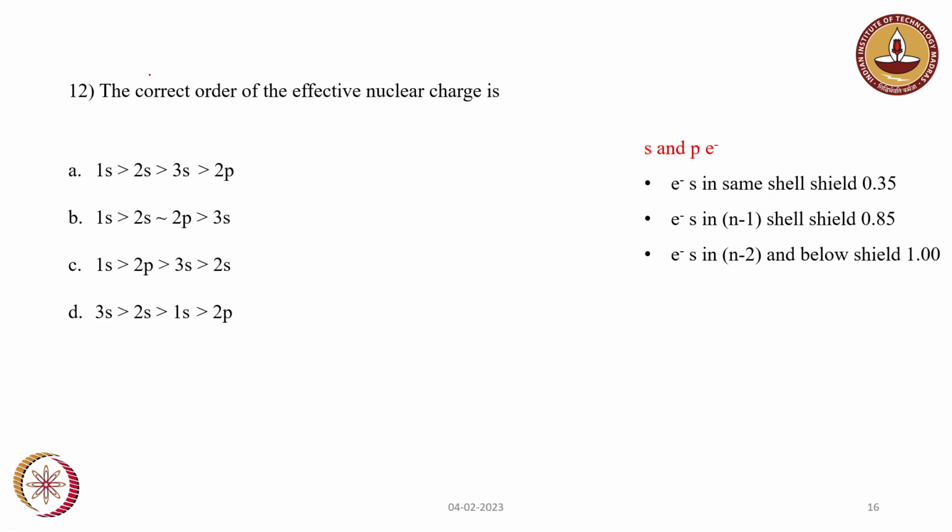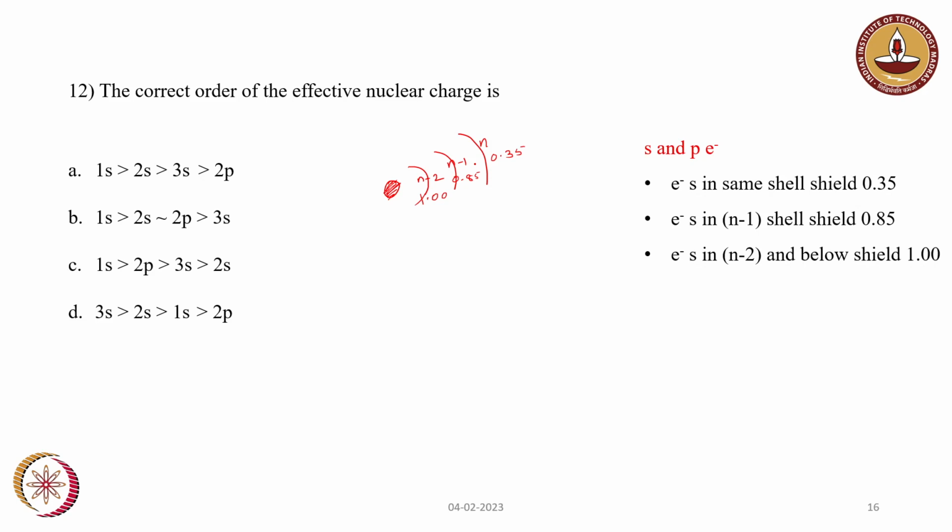That means when we move away from the nucleus, if this one is n, this one is n-1, this is n-2, then electrons in n will shield 0.35, in n-1 they shield 0.85, and in n-2 and below they shield 1. So the shielding is really high when we move inside the shells.